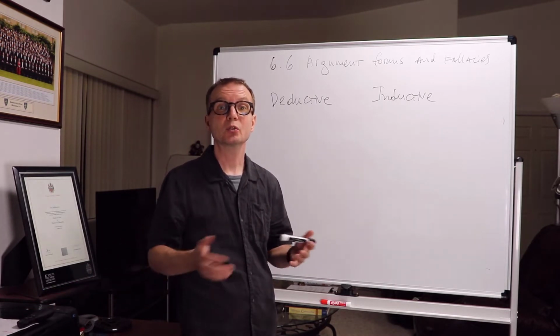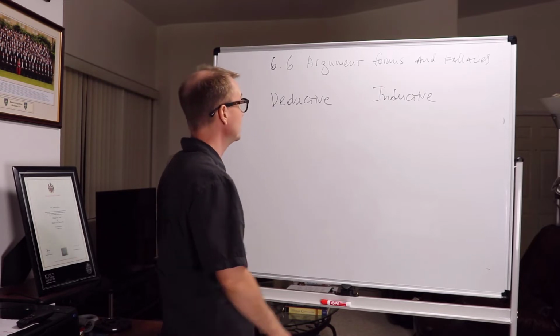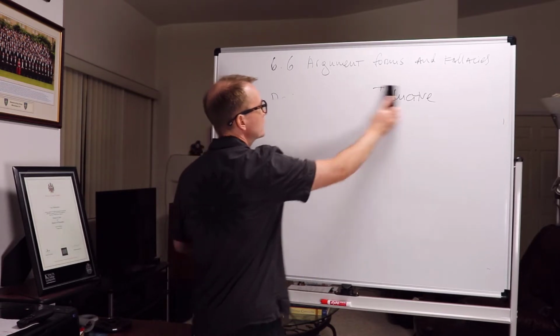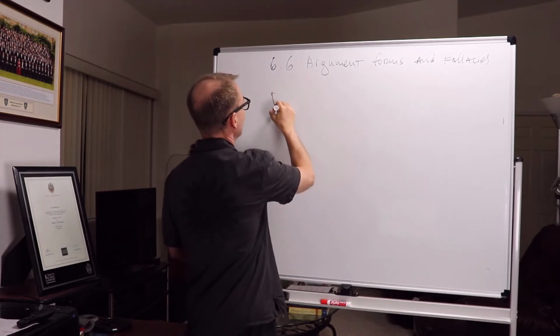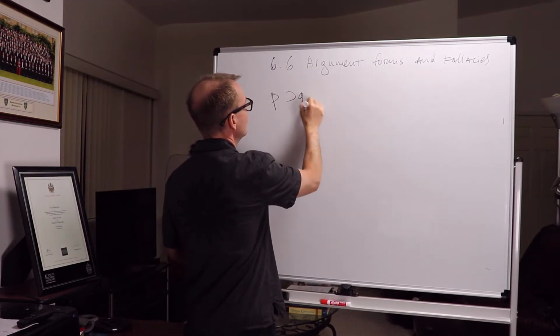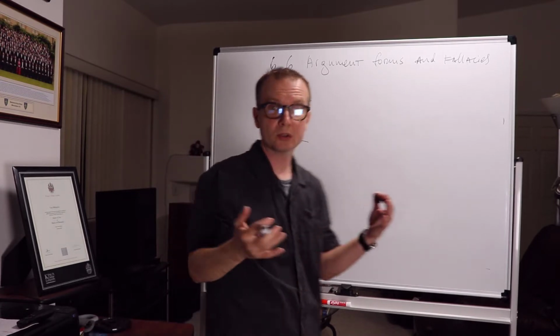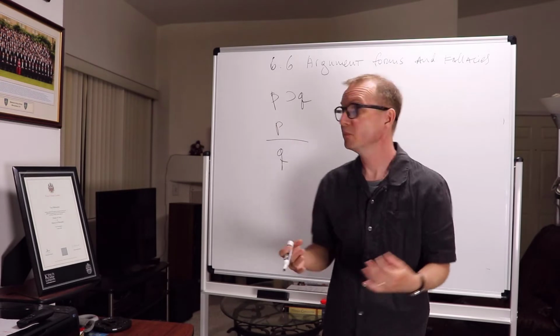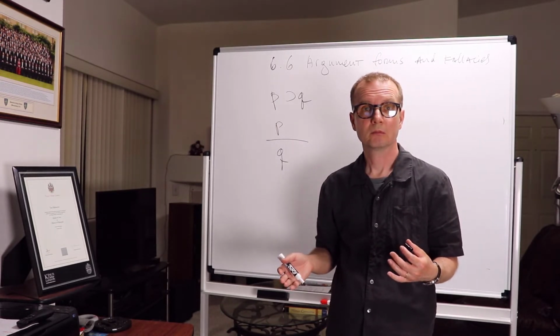So again, the first one is Modus Ponens. Modus Ponens would be something like this. If P then Q, P, therefore Q. So note that this is actually a fairly simple hypothetical syllogism, isn't it?